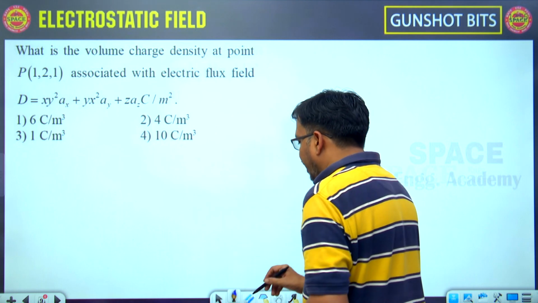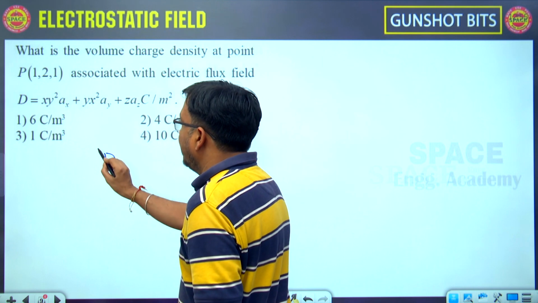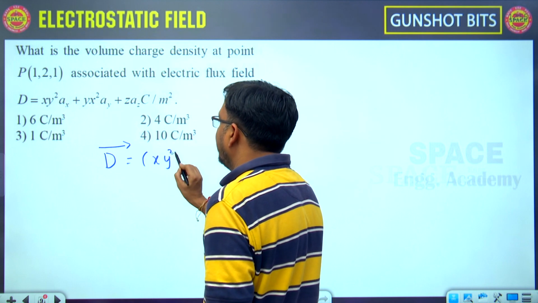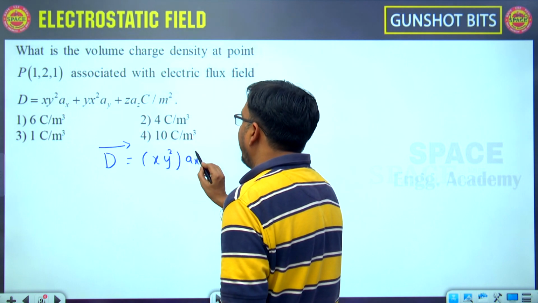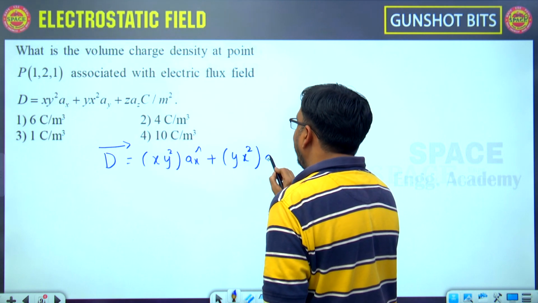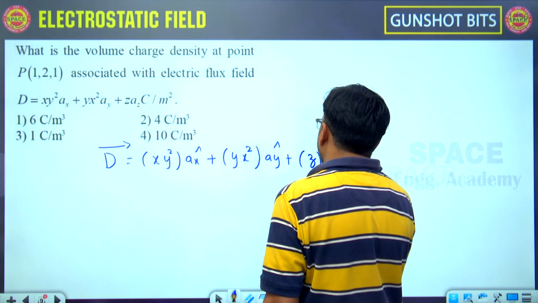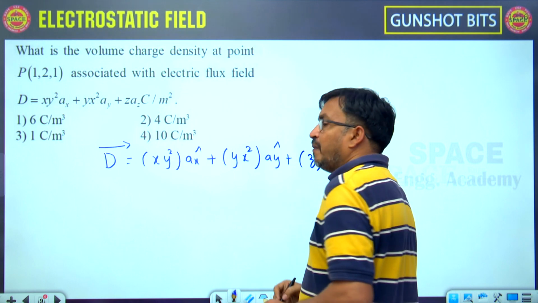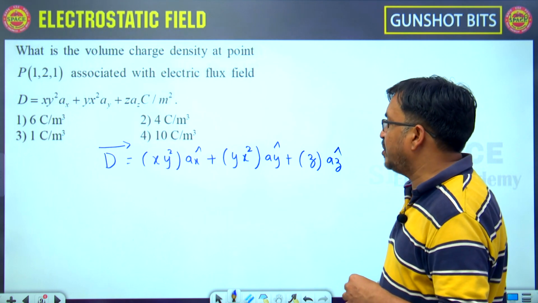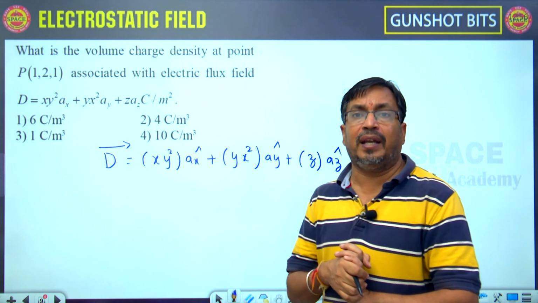So here what is the input given? First, electric flux density D bar is given as xy square Ax cap plus yx square Ay cap plus z Az cap coulombs per meter square.